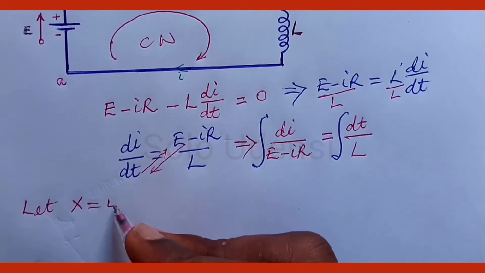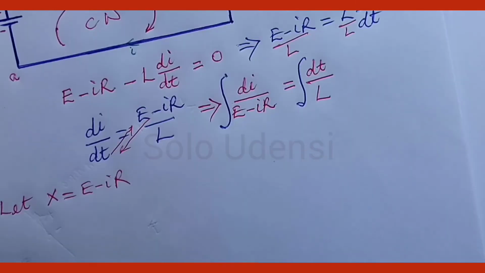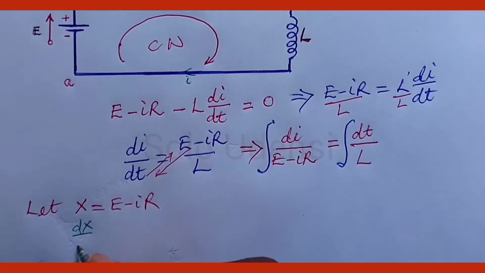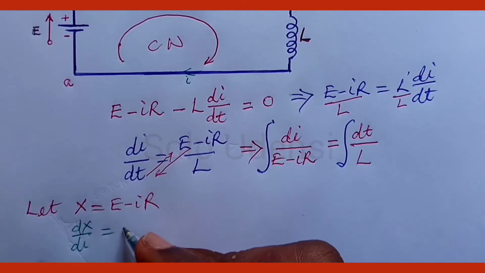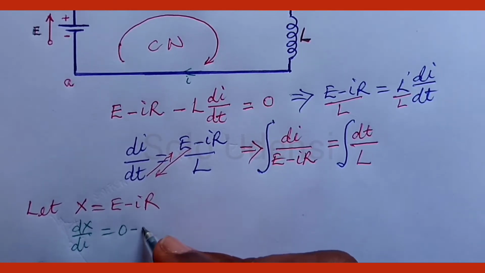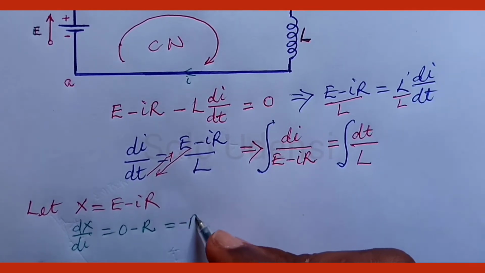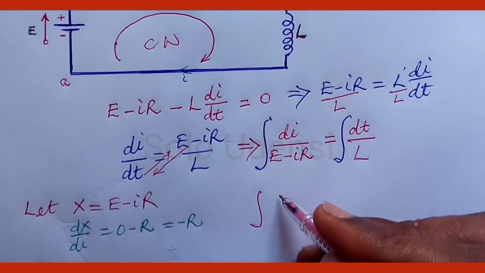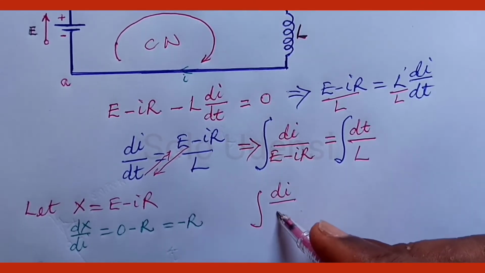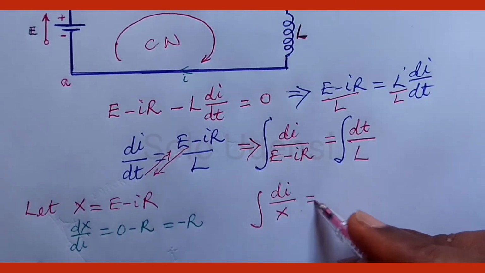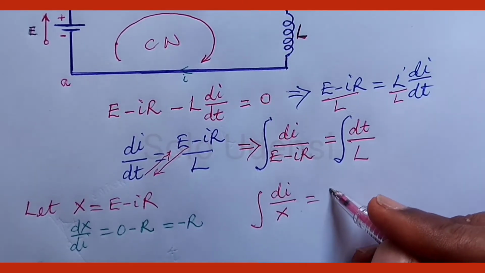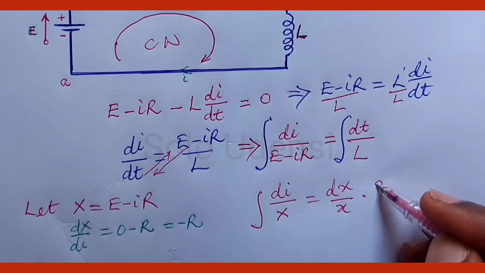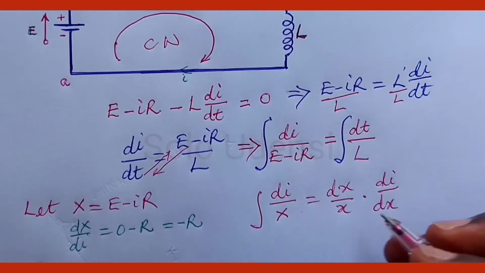Let X equal to E minus IR. That means that the dX over dI is equal to 0 minus R, equal to minus R. So we come here now and see that this equation becomes di over X, which is equal to, if you like, dx over x times di over dx.